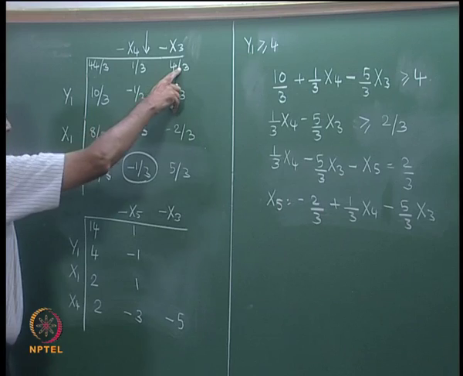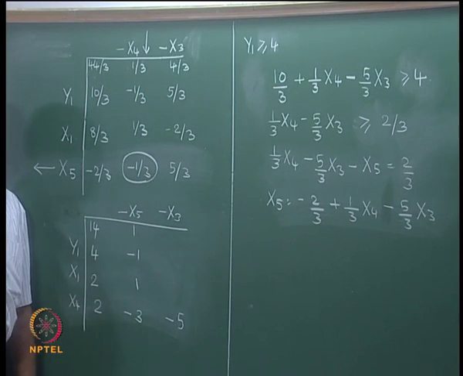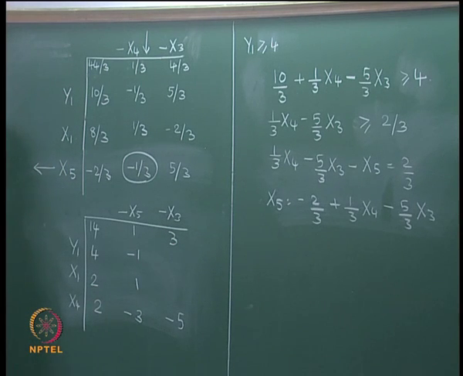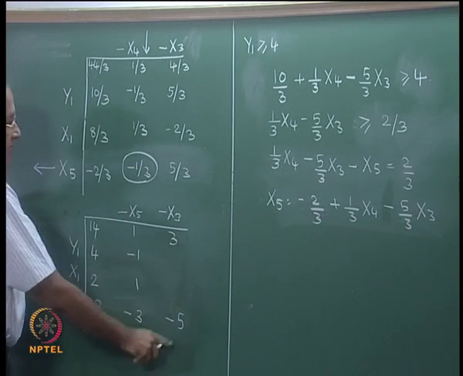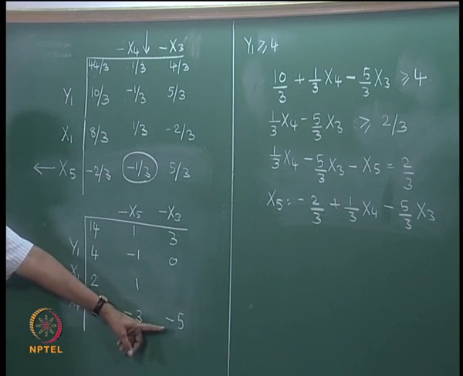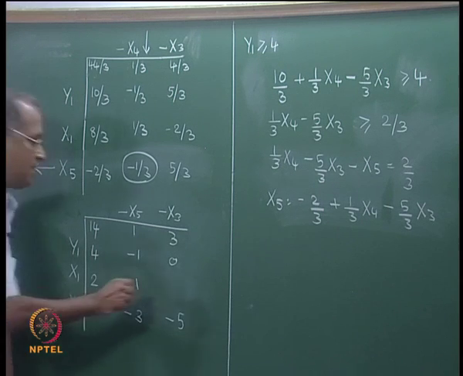The other one becomes 4 by 3 minus 1 by 3 into minus 5, 4 by 3 plus 5 by 3, which is 9 by 3, which is 3. 5 by 3 minus 1 by 3 into minus 5. So, 5 by 3 minus 5 by 3, which is 0. 2 by 3 minus 1 by 3 into minus 5. So, minus 2 by 3 plus 5 by 3, which is 3 by 3, which is 1.